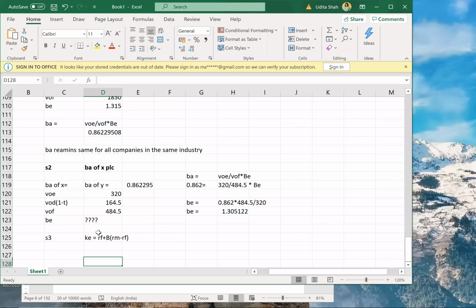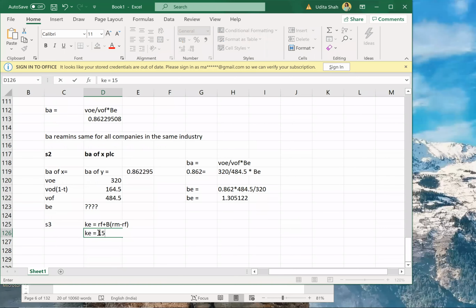Okay. So KE equal to, what is the RF? RF was 15%, plus beta is 1.3, 1.305. Take this as 1.305 into what was my RM? Oh, sorry, RF is 9%. RF is 9%.